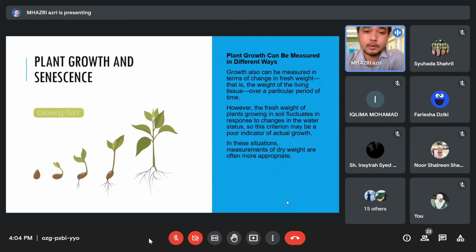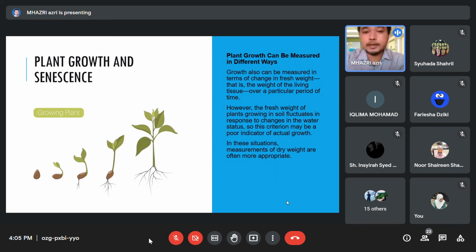Compared to if we harvest the plant during the afternoon, where the transpiration process is very high, the same plant will give different measurements, different weights. Okay, so in these situations, measurements of dry weight are often more appropriate.